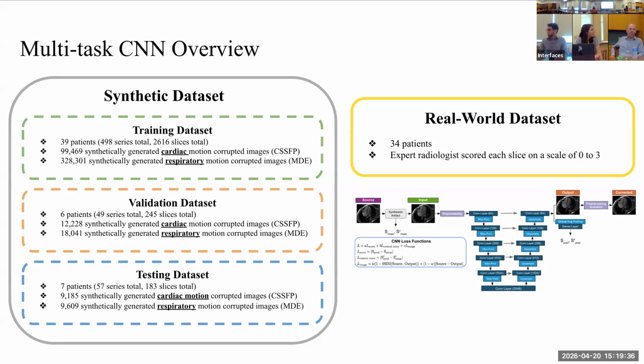For the real world data set, when the radiologists score each slice, is there any cross check between the experts scoring them, or is it just one? We plan to, right now it's just one, mainly my advisors. The goal is to get two more, but yeah, it's a good point. Because one thing you will see in other people's projects who have tried to do this with a radiologist is there is a lot of differing opinion on the score.